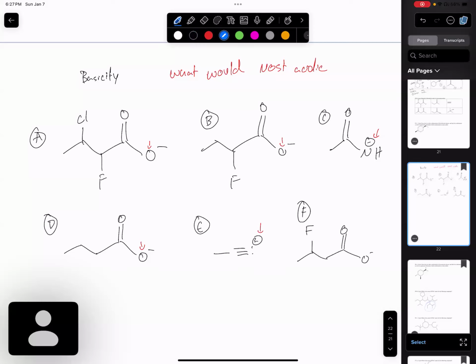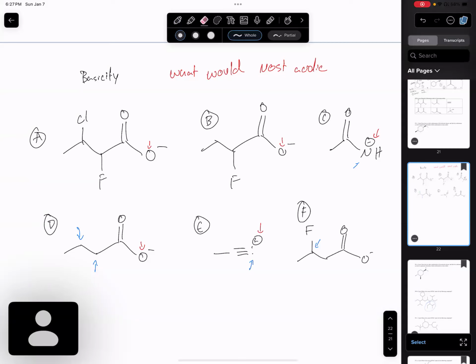This one has two electron withdrawing groups, compared to this one, which has none. This one only has one, and this one's not even an oxygen, nor is E.